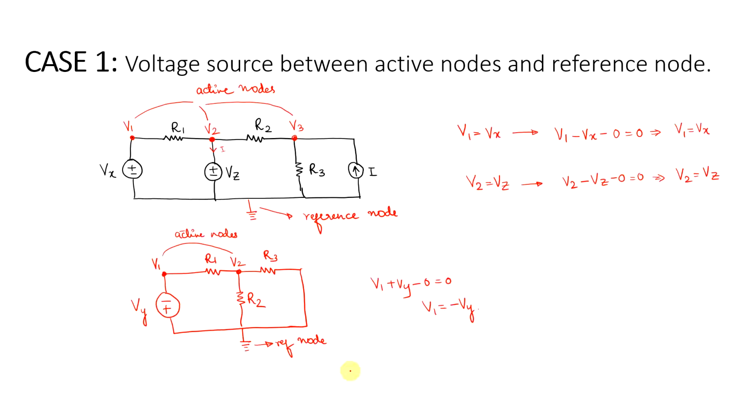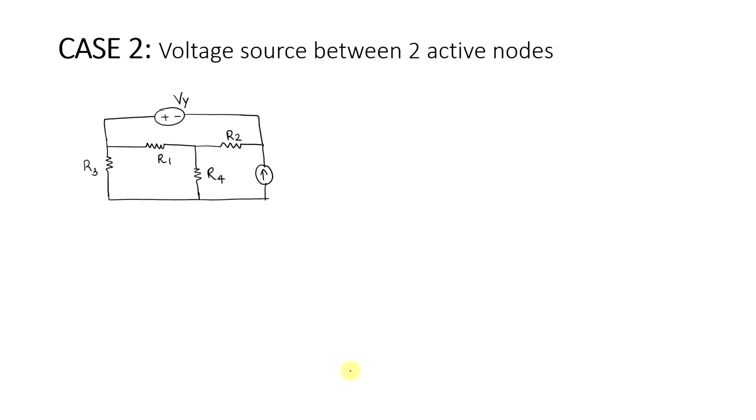Then moving to case 2. In this case, you have a voltage source between two active nodes. So first let us identify the number of nodes that we have. You have in total 3 active nodes and 1 reference node. Let me denote these 3 active nodes with the nodal voltages V1, V2 and V3.